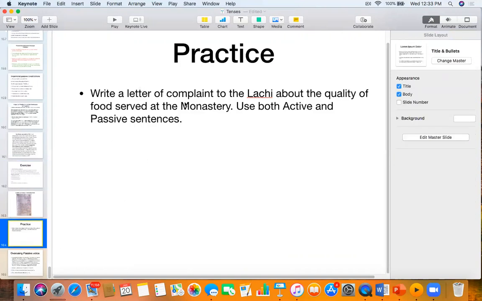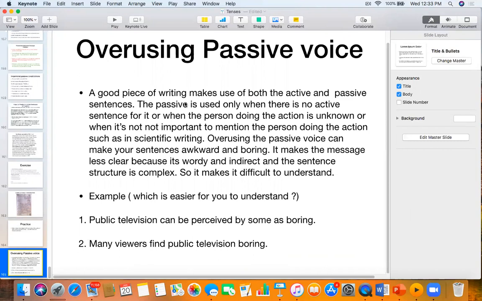All right. Now we have been talking a lot about passive voice. Now, what happens when you overuse it? Some people overuse passive voice. If you fill your letters, or your essay, or your research with passive voice, there can be a big problem.